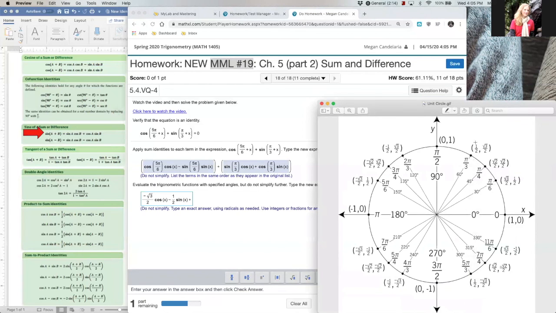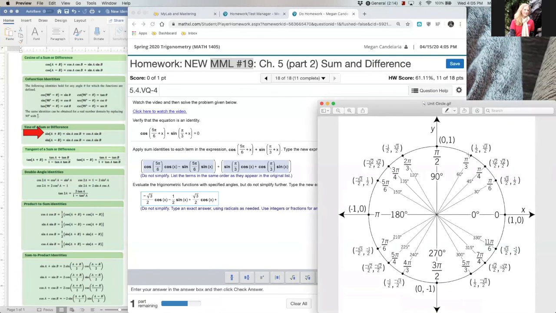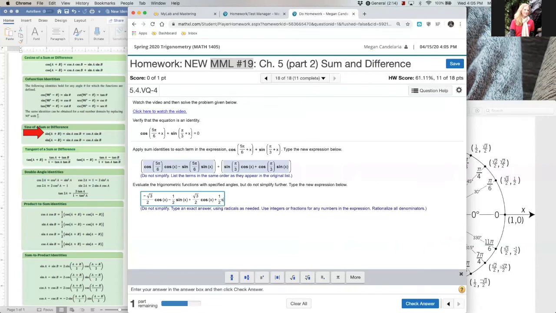Here's pi over 3. Sine is square root of 3 over 2. So plus square root of 3 over 2 cosine x plus cosine of pi over 3. Cosine of pi over 3 is 1/2. 1/2 sine x.